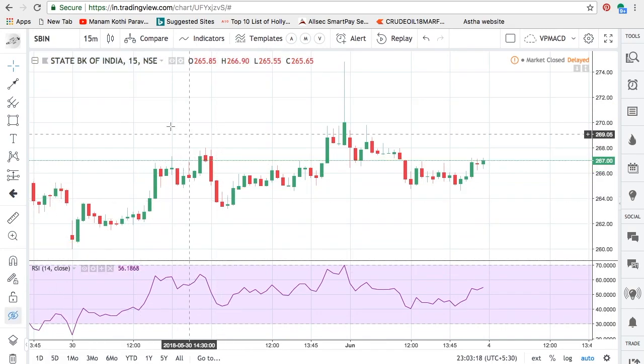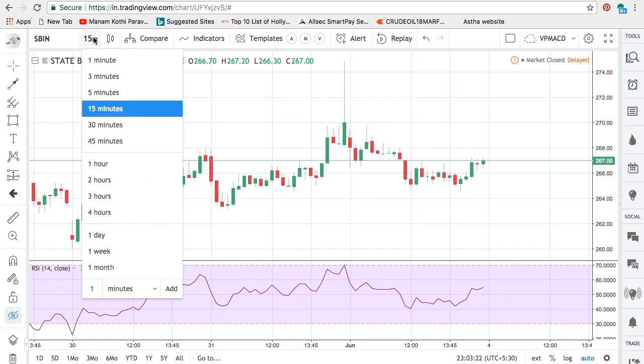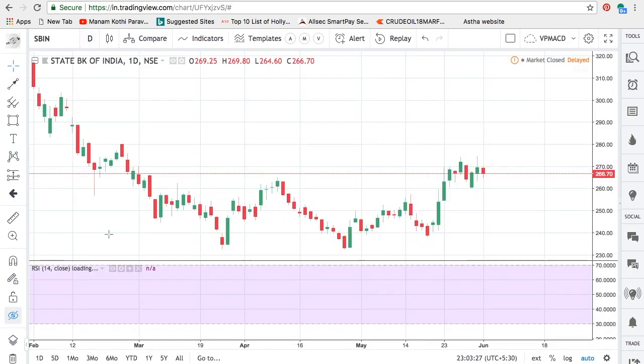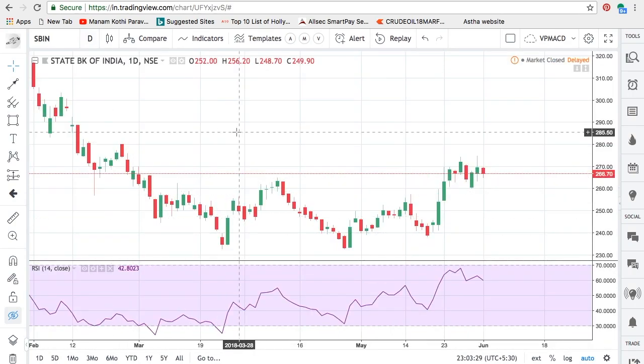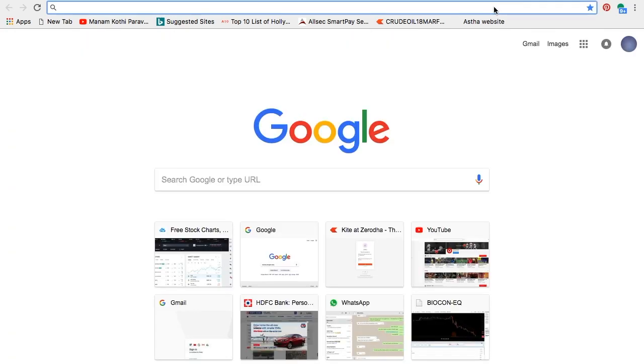Let me hide them to avoid any confusion. I'll also change the chart to a daily chart so that it becomes much easier while I'm trying to explain what happens to RSI. I'll give you some history so that you understand what RSI is and where it comes from.